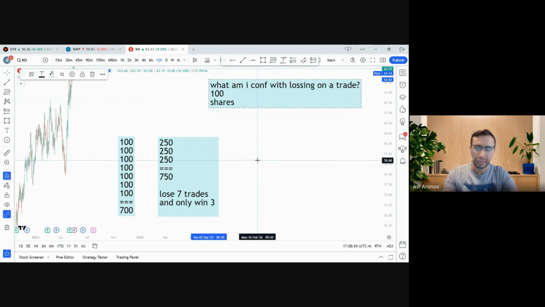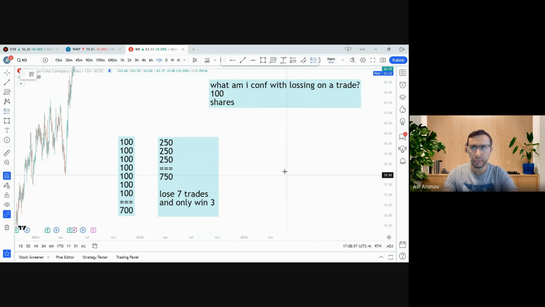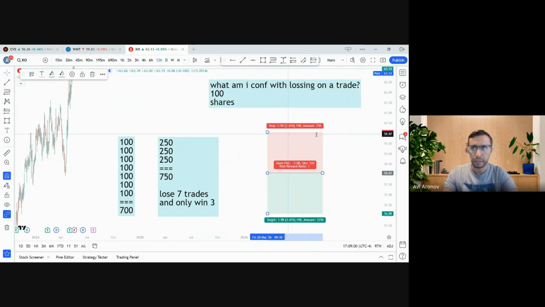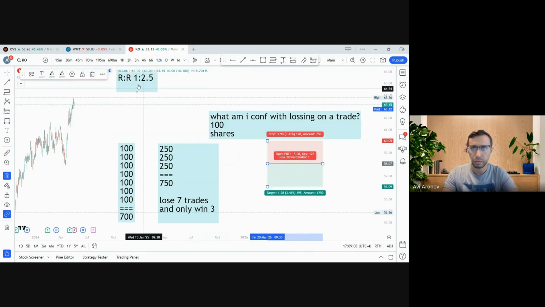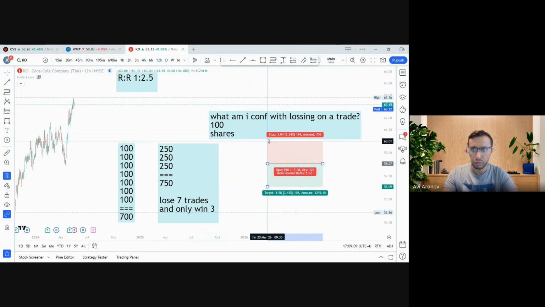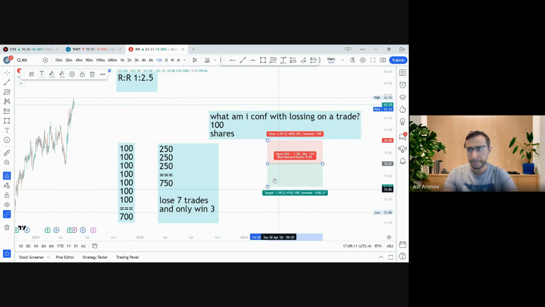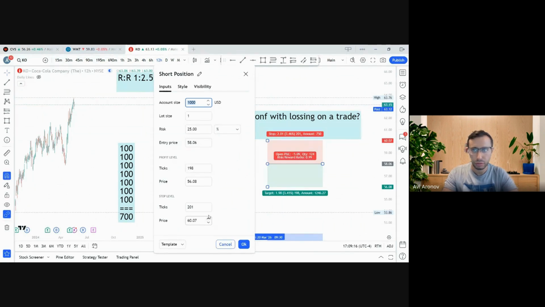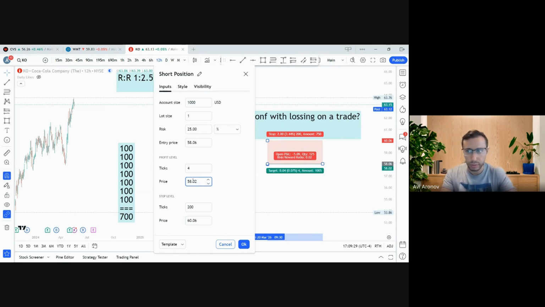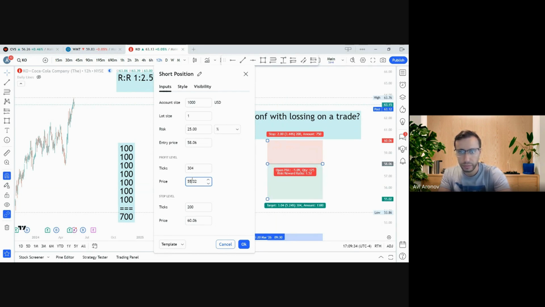So if you give yourself, as an example, a $2 loss, then we understand that as a gain we have to give ourselves... it needs to be 55, right?